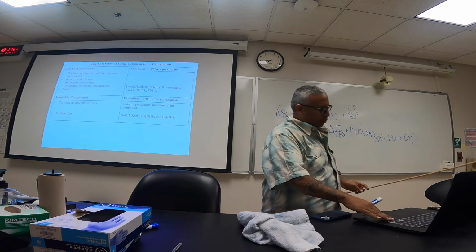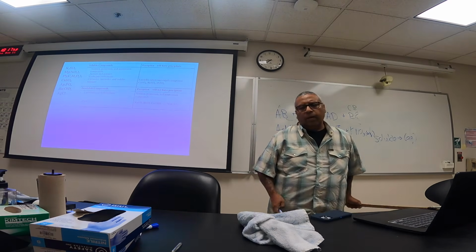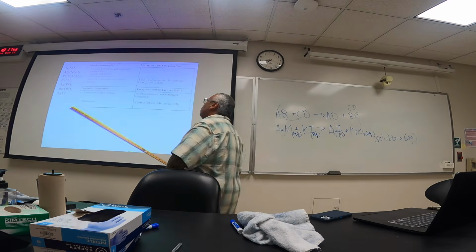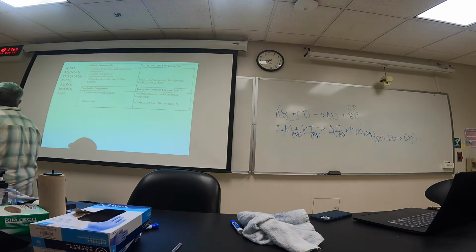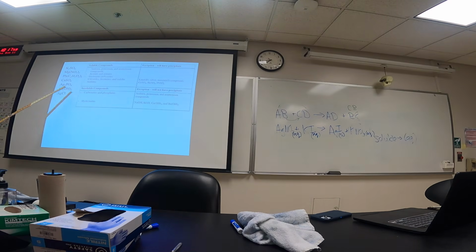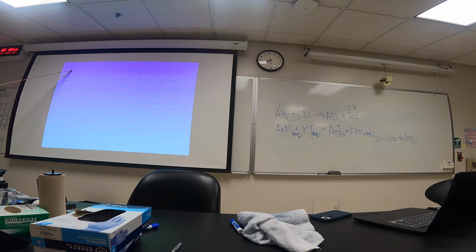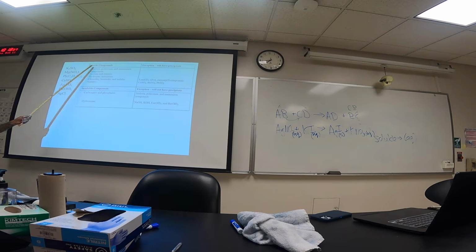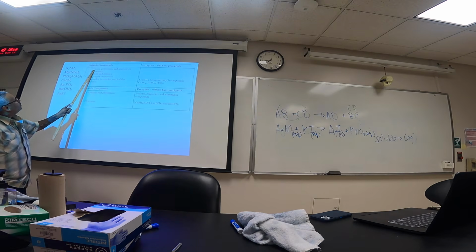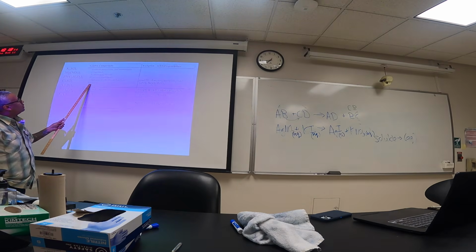So we have some other practice ones here to look at. And again, you really need to know your polyatomic ions, because here I need to know the name of this polyatomic ion. Sulfate, right? This is sulfate. So now if I go down the list, I'm just looking for sulfates. Here's my sulfates.